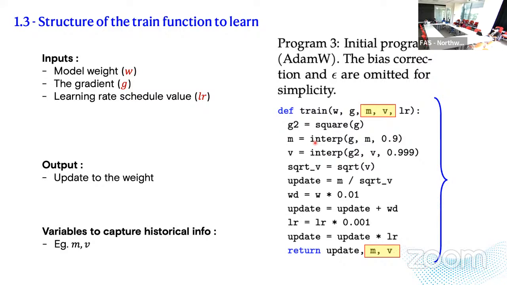We have some flexibility in terms of capturing historical info. That means, like a buffer, we have the flexibility to keep variables so that we can store some historical parameters. So this program 3 is like the overall pseudocode through which we are going to learn a new optimizer.